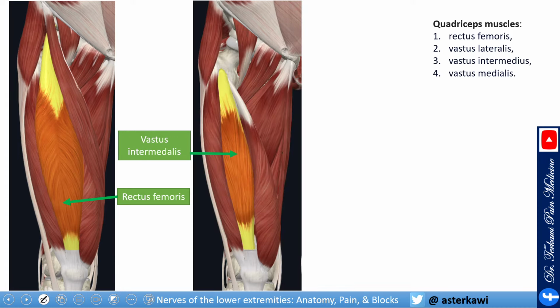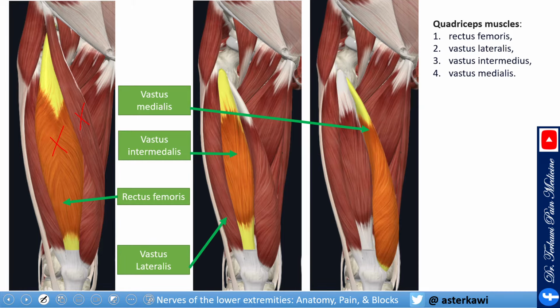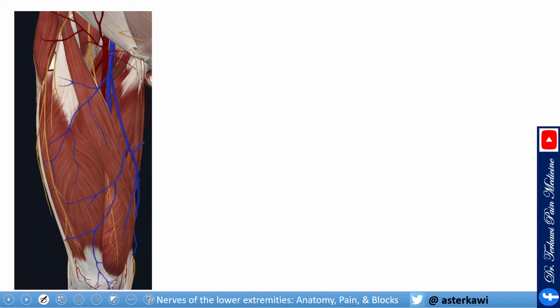So if I remove the sartorius, and I remove the rectus femoris, underneath that we see three muscles. We see the vastus intermedius here, then the vastus lateralis, then here the vastus medialis. So these three muscles with the rectus femoris form what we call the quadriceps muscles.